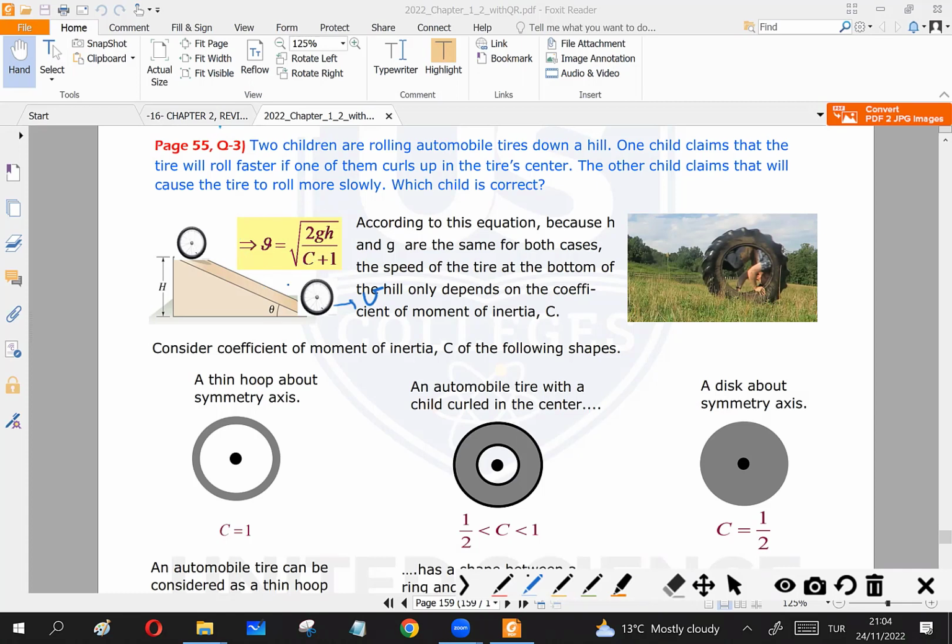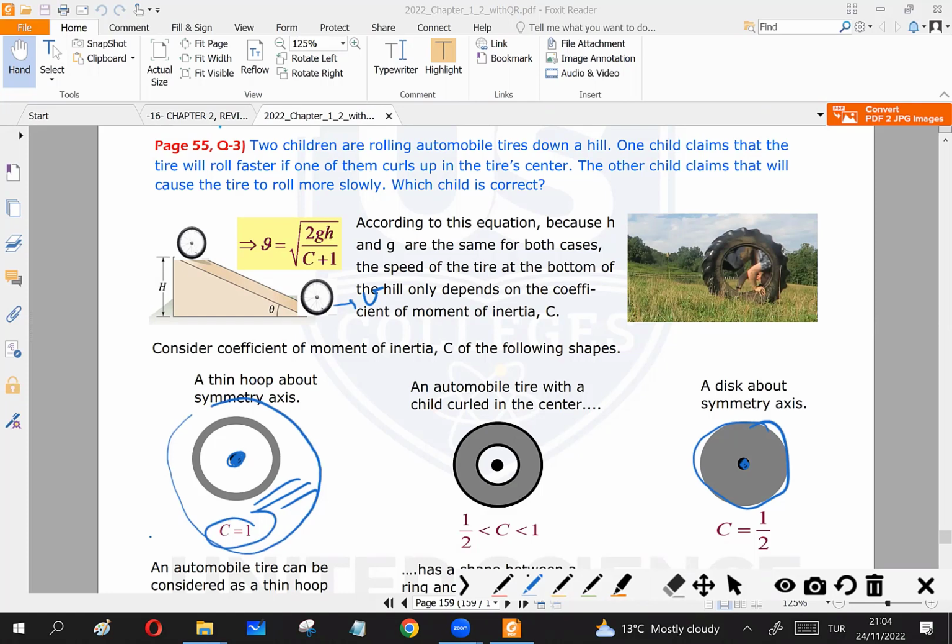Now I drew three figures in here. You see that. One of them is a tin hoop rolling, spinning about the center. The third one is a disc spinning about the center. And we know that the tin hoop has the largest c, which tells you that it is slowest.